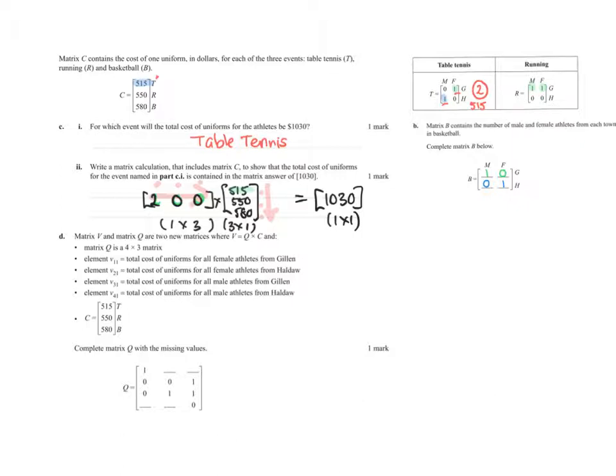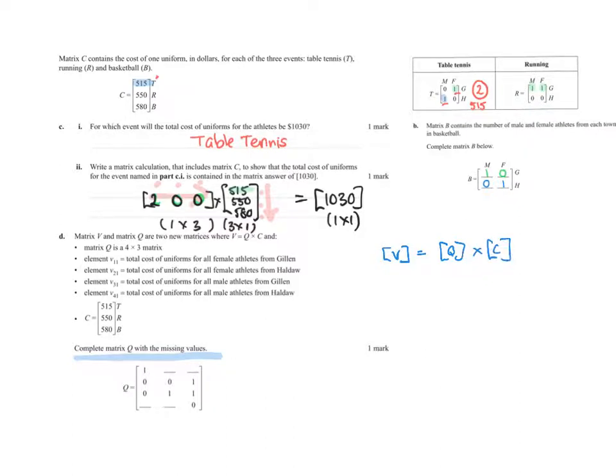First of all, they want me to fill in Q. If we look all the way down here, we want to get Q. So let's set up our scenario where we have matrix V equals Q times C.